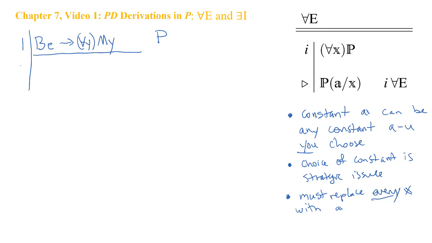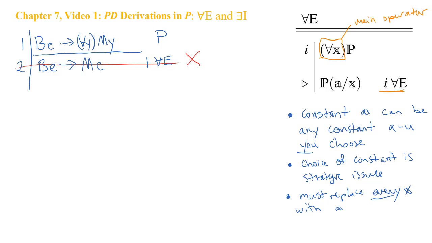You might leave the antecedent alone, take the universal y out of the consequent, and put in some constant for that y, and try to claim that that comes from 1 by universal elimination. As I said, this is a mistake, but why? If we look at the rule, what the rule is telling us is that the universal quantifier has to be the main operator of the line that we're going to use universal elimination on.